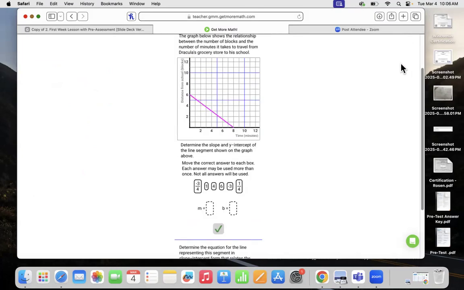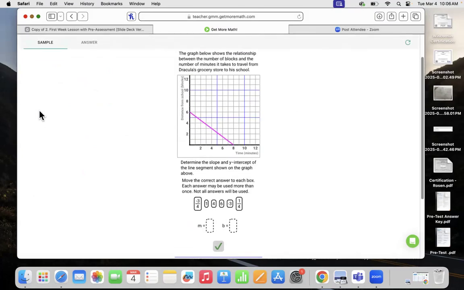And let's see what else we have. So here's another drag and drop. Let's go through one more of these. So again, our y-intercept is 6. And our slope is negative. And find the corners exactly. And it's going down 1, 2, 3 over 1, 2, 3, 4.